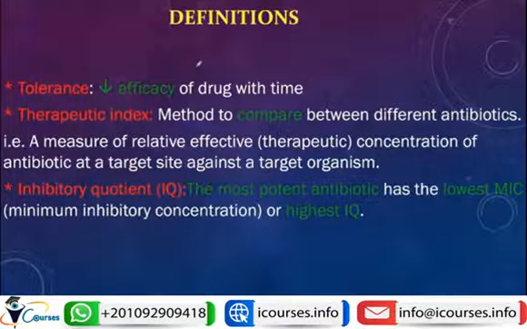It is the lowest concentration of an antimicrobial, like for example an antifungal, antibiotic, or antiviral, that will give the therapeutic response, which is inhibition of the growth of microorganisms. So again, it is the minimum inhibitory concentration or the inhibitory quotient.